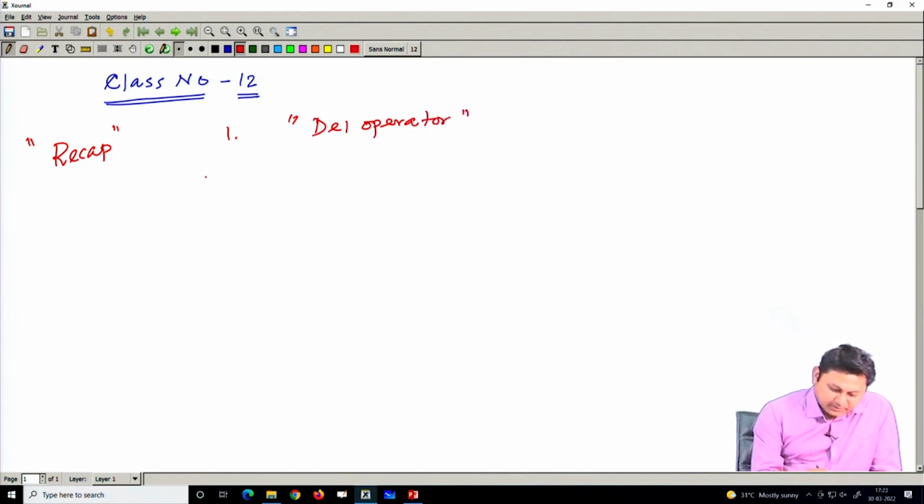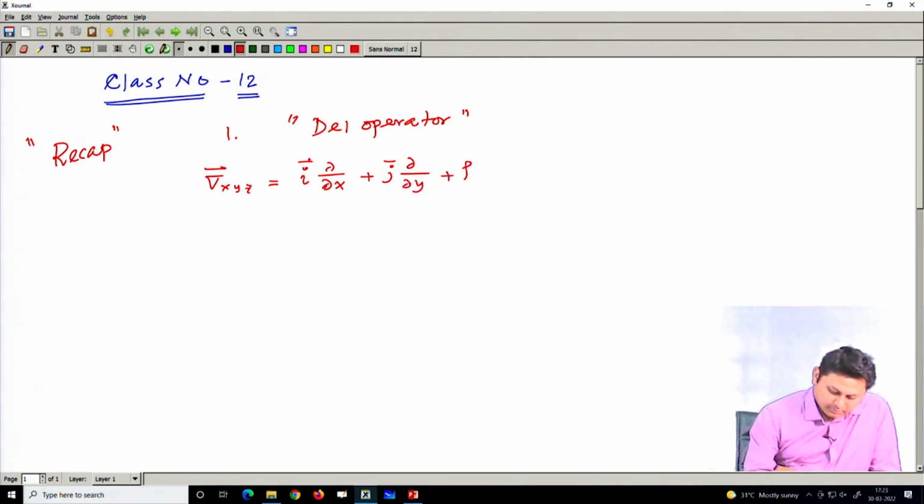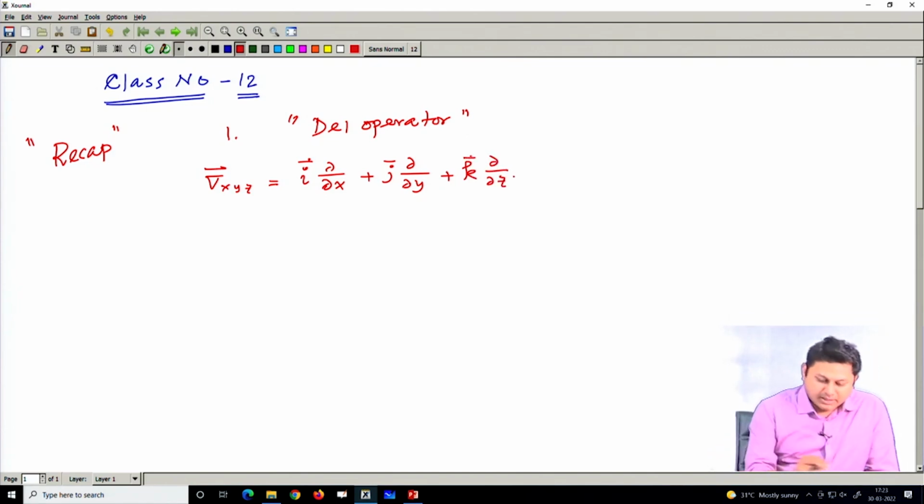We define this del operator in Cartesian coordinate system in this way. This is a vector operator, and it is defined in this way.